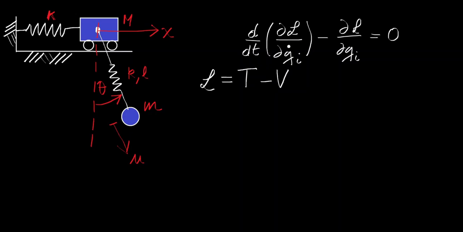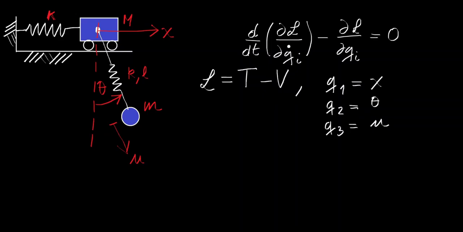So we'll have three generalized coordinates. I will note it here: q sub 1 equals x, q sub 2 equals theta, and q sub 3 equals u. Three generalized coordinates, so 3 degrees of freedom.